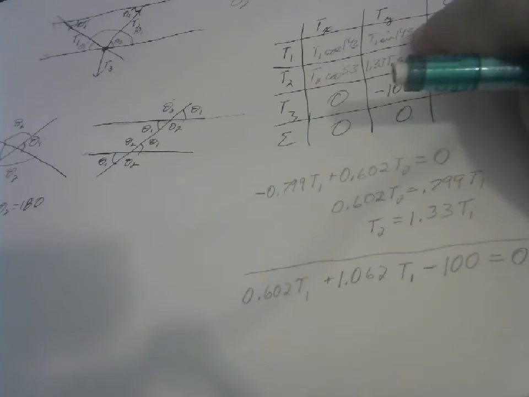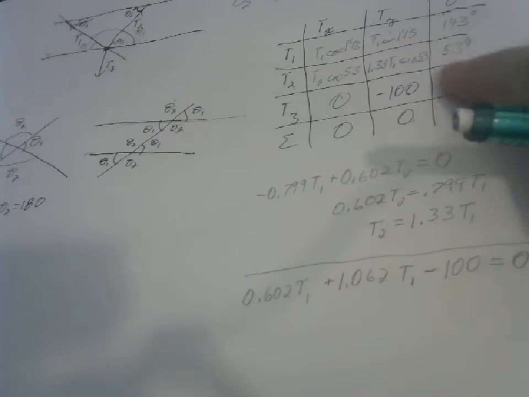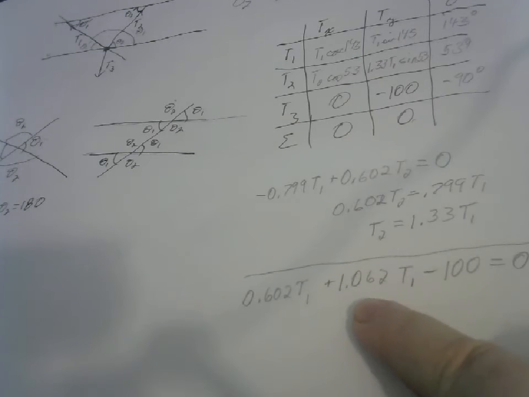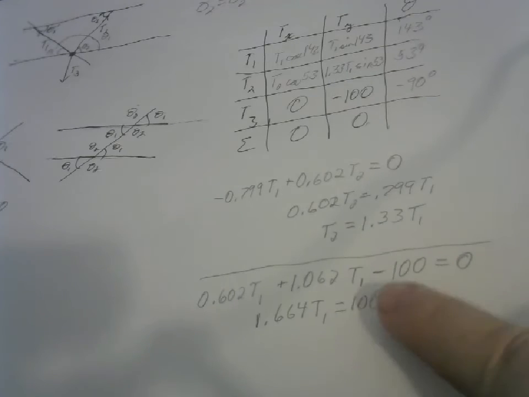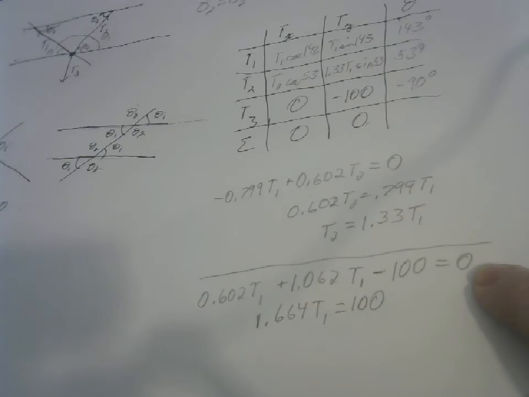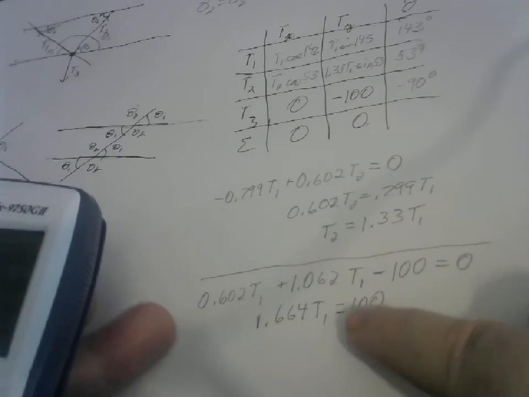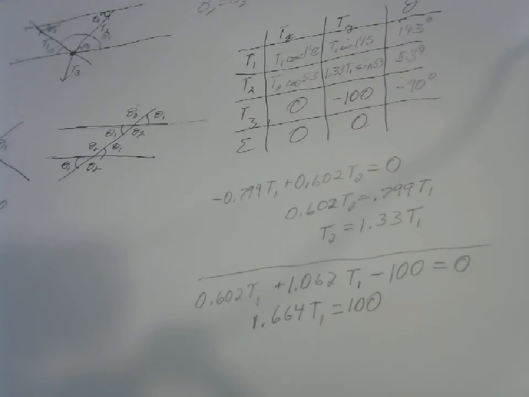So the sine of 143 is 0.602. 1.33 times the sine of 53 is 1.062. And then minus 100 is minus 100. So I add 100 to both sides. Combine the like terms. 1.062 plus 0.602 is 1.664.